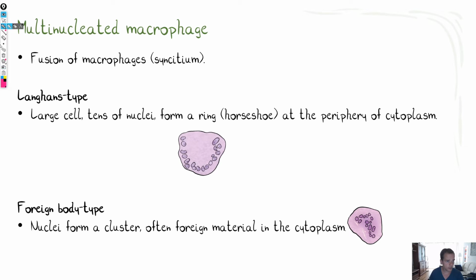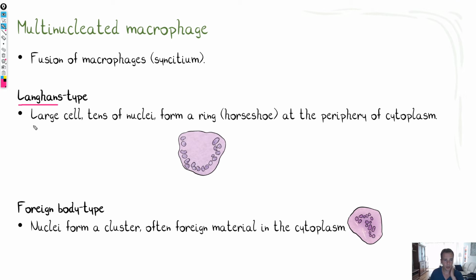And as I said, in some instances, the macrophages join forces and they create a syncytium, a multinucleated macrophage. So it's a fusion of macrophages. And we've got two basic types of multinucleated macrophages. The first one is the Langerhans type, and that is the multinucleated histiocyte that's usually found in immune granulomas.